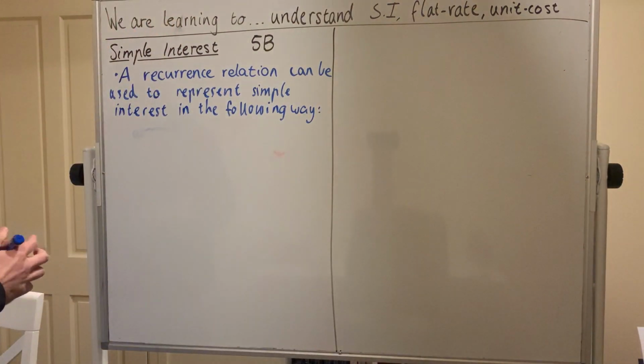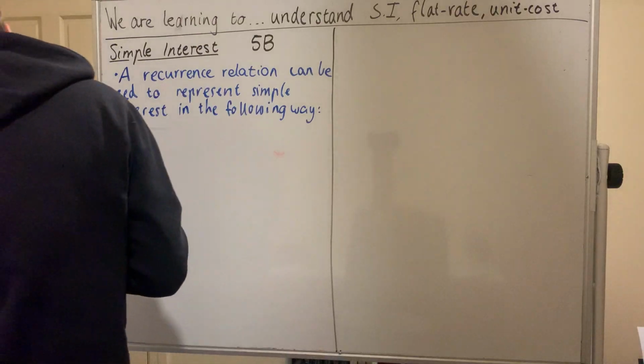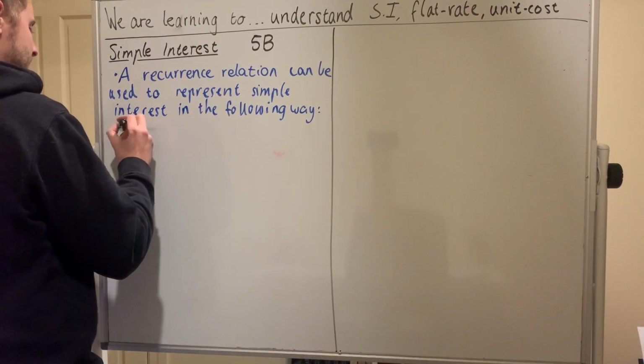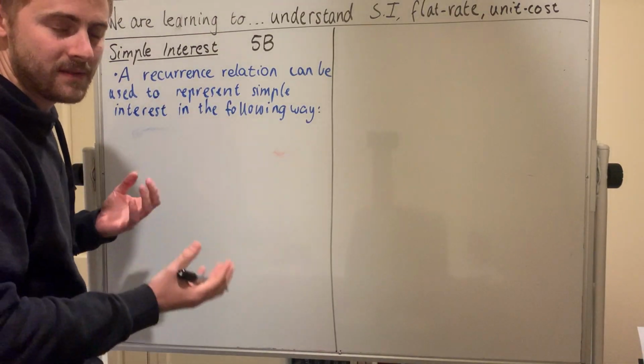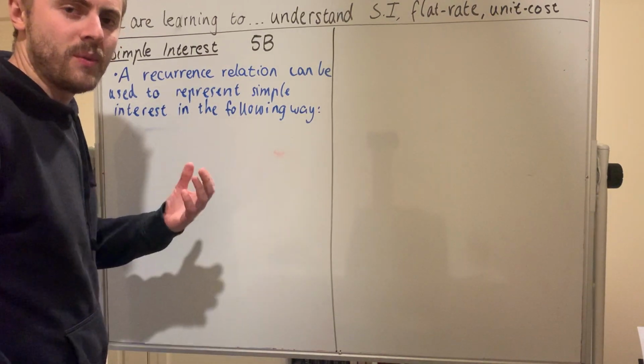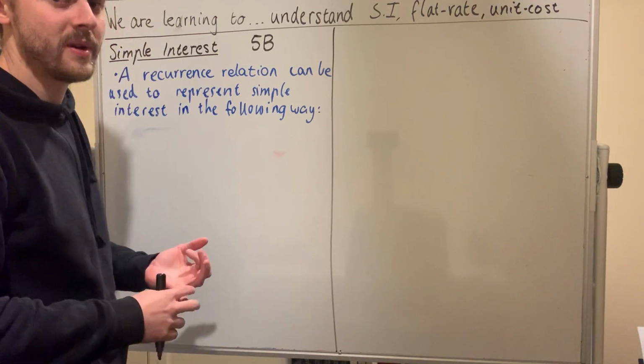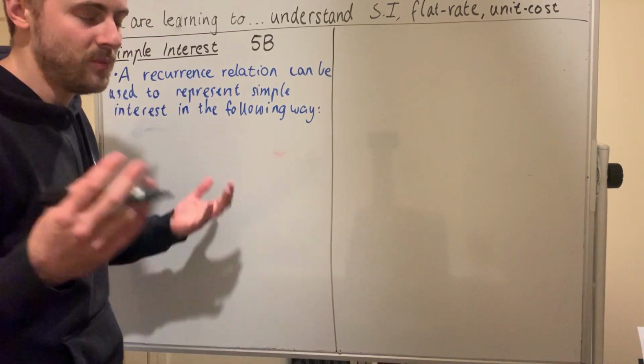Alright, so it has a particular structure to it. Normally we have an initial value. Now typically in financial context, including simple interest, we represent the sequence with a V. So we talked about last time how the sequence could be represented by A, B, G, whatever.